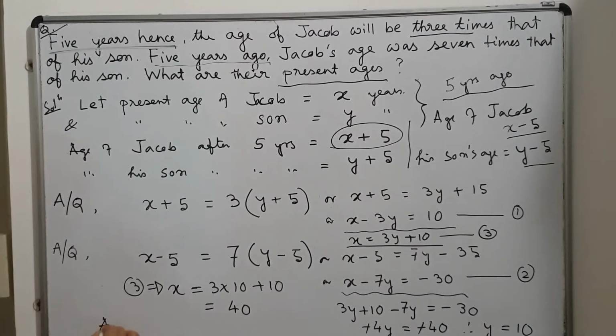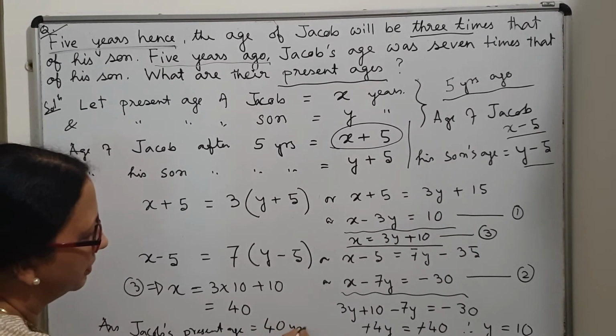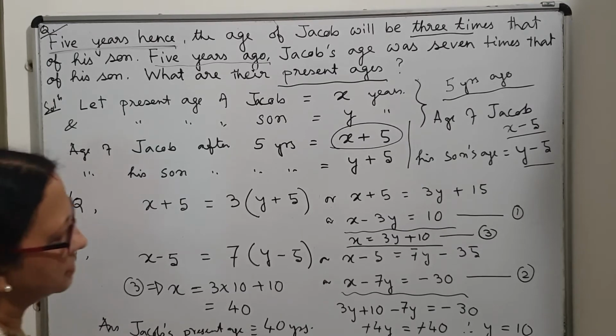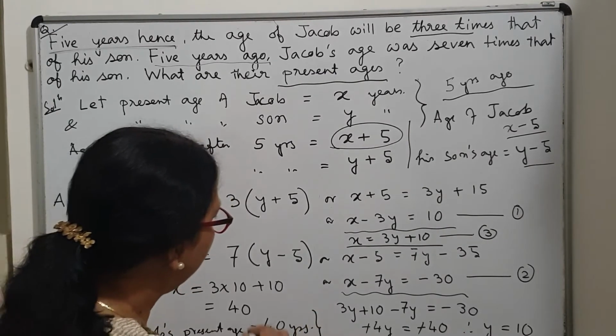So Jacob's present age is 40 years and son's present age is 10 years. So this is the answer.